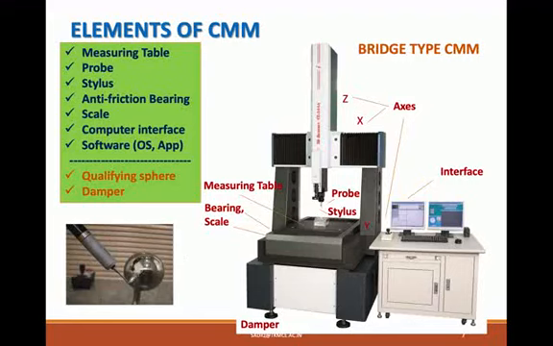So, in order to know the point of contact between the spherical surface and the object, the radius of the sphere in that direction should be known. In order to get the dimension of the spherical tip and know its error, we use a sphere called a qualifying sphere, and that should be ordered separately along with the CMM if we want to purchase a CMM. Let us see the elements step by step.